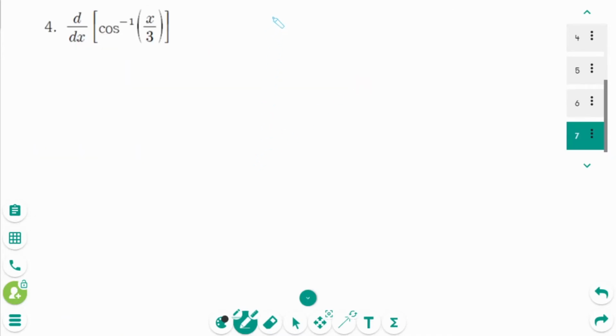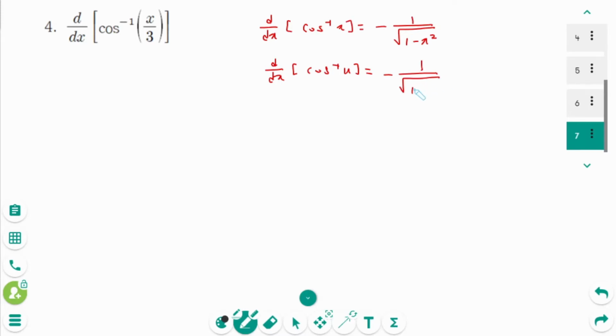Now we know d dx of arc cosine of x equals minus 1 over square root of 1 minus x squared. Then think of it as d dx of arc cosine of u equals minus 1 over square root of 1 minus u squared times u prime.